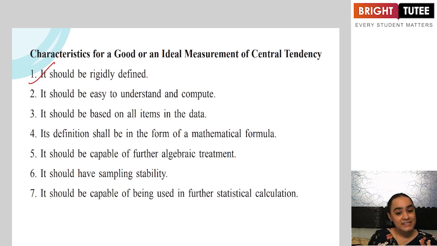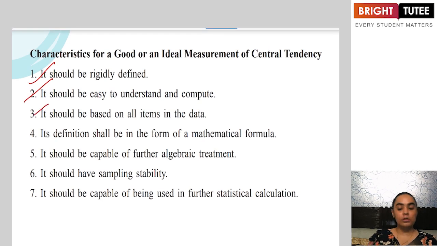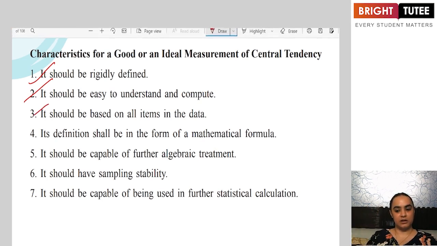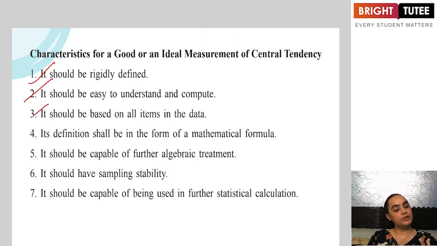It should be easy to understand as well as calculate. If we are spending hours and hours in calculating something, then that is not going to be of any use. It should be based on all the items in the data. Whatever items are there in your data, all those items need to be included when you are calculating central tendency.